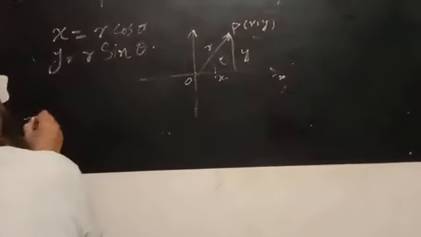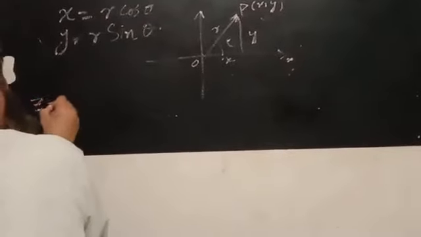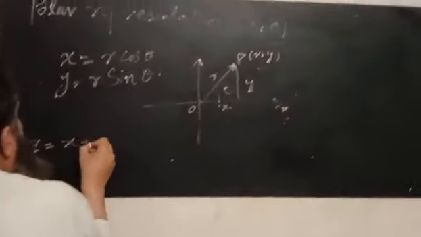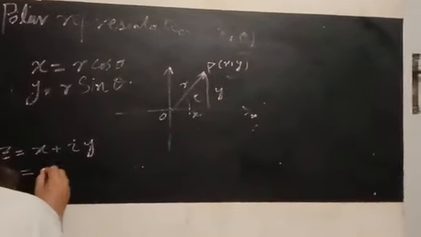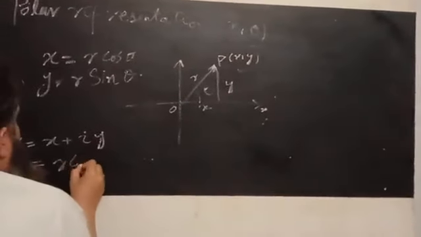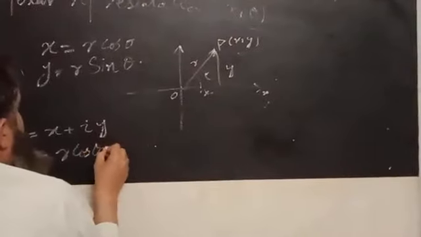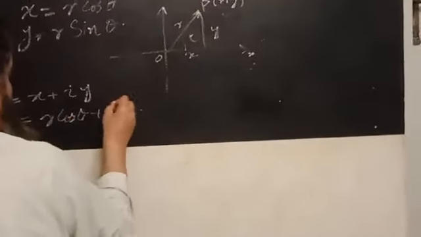Thus, if a complex number z is equal to x plus iota y, this can be represented in polar coordinate as r cos theta plus iota sin theta.